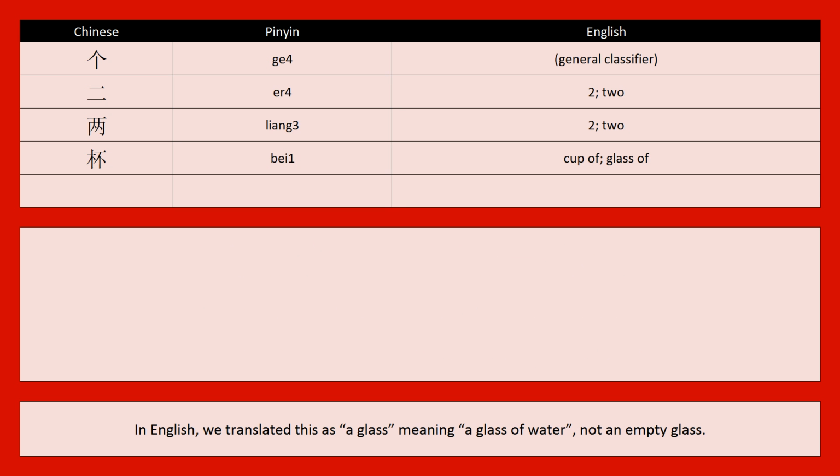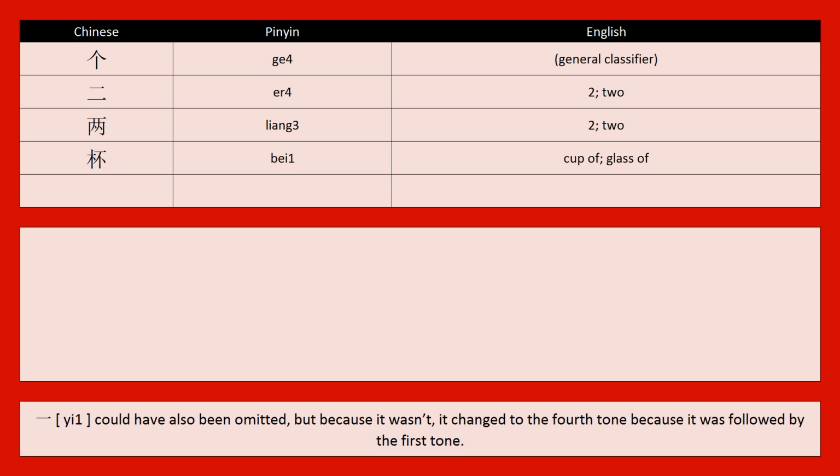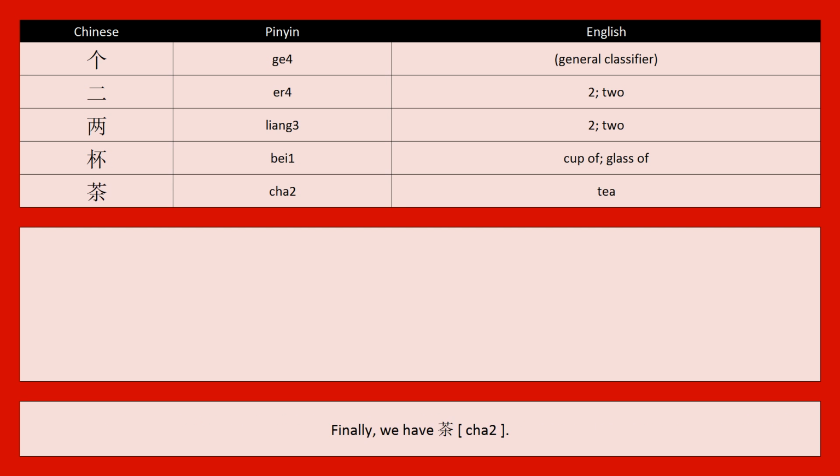In English, we translated this as a glass, meaning a glass of water, not an empty glass. 一 could have also been omitted, but because it wasn't, it changed to a fourth tone because it was followed by the first tone.